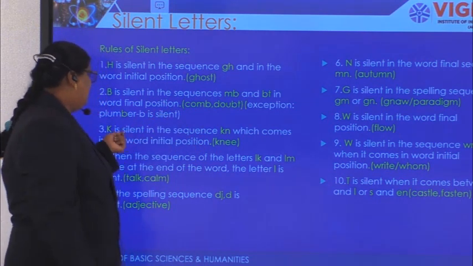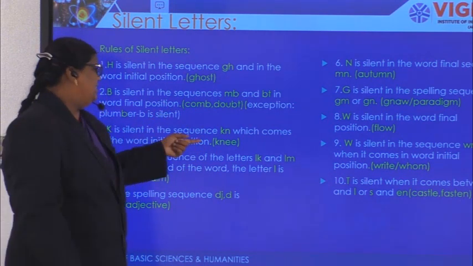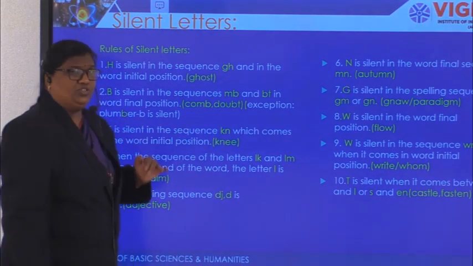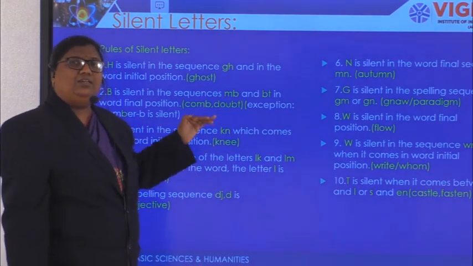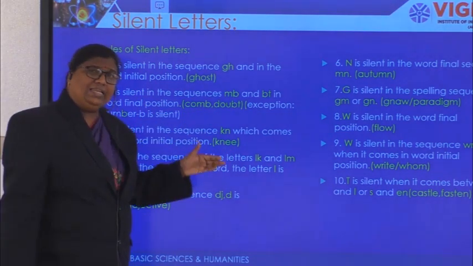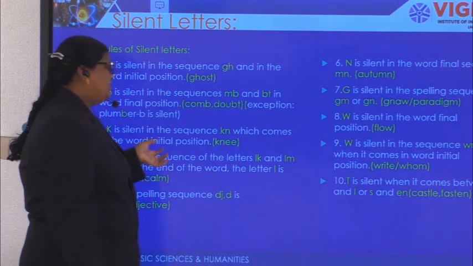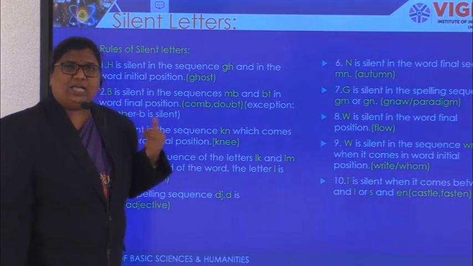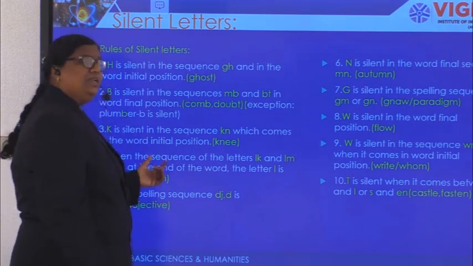So again I'm repeating, K is silent in the sequence KN which comes in the word initial position, like for example knee, knowledge. And then in the sequence of the letters LK and LM which come at the end of the word, the letter L is silent, like for example talk, calm.